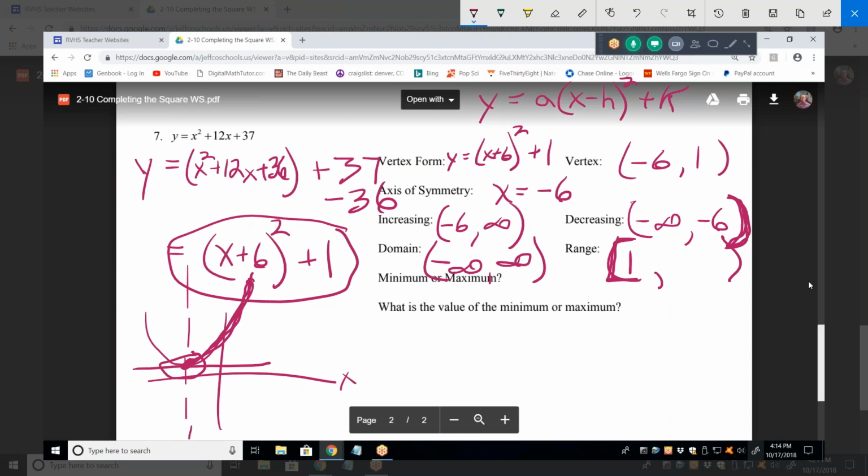Correct. Minimum or maximum? It's a minimum. Whenever they open up, it's a minimum. Whenever they open down, it's a maximum. And what is the value at that minimum? 1. Correct. There you go.